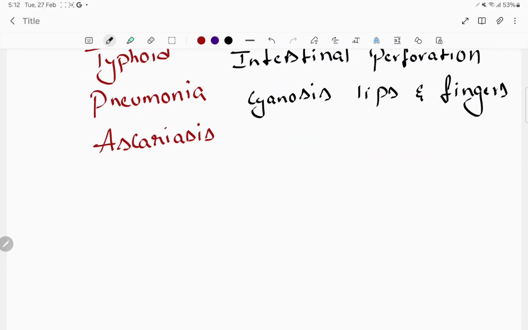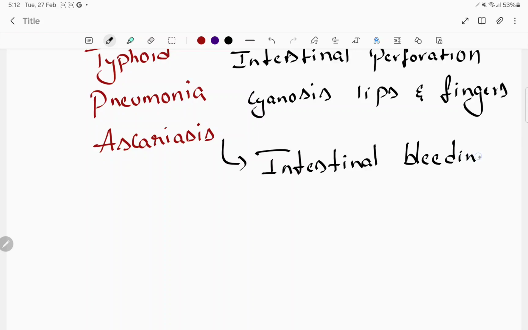Ascariasis: intestinal bleeding and blockage of intestinal passage.